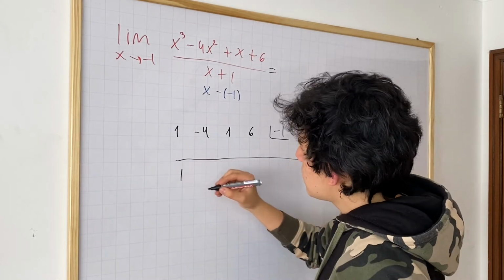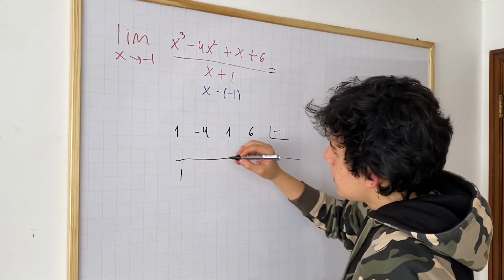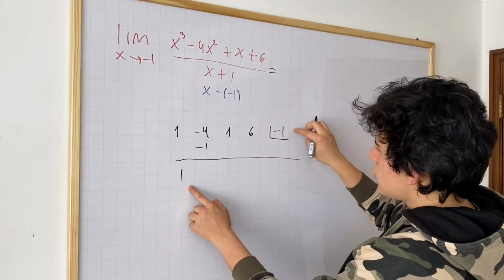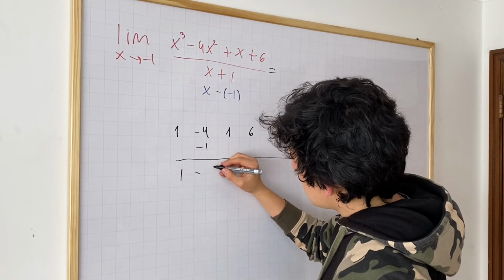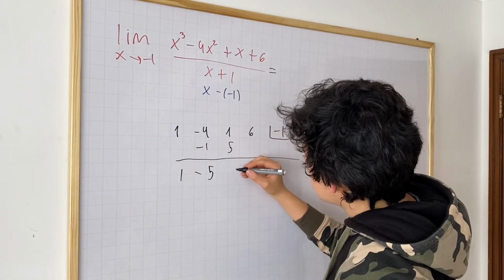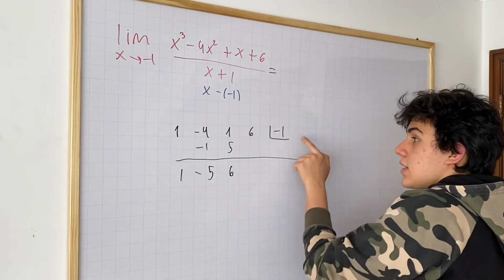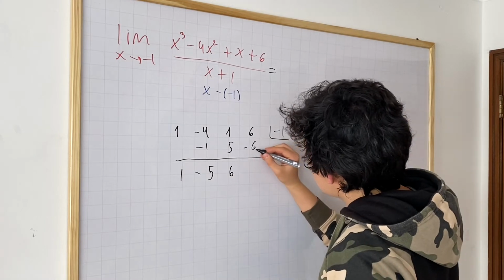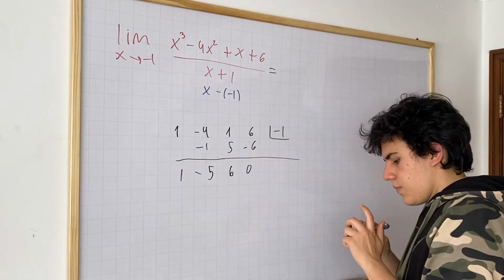We lower down this 1. We get -1 when we multiply these two. Then you add, so you get -5. -5 times this is going to give you +5. This is going to be 6. And 6 times this is indeed -6, which means 0.